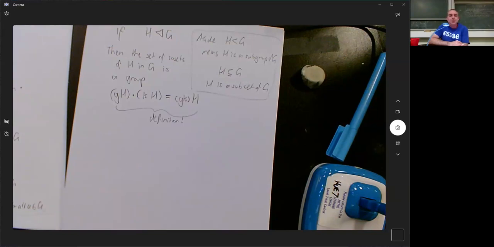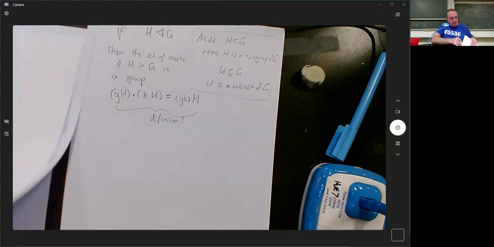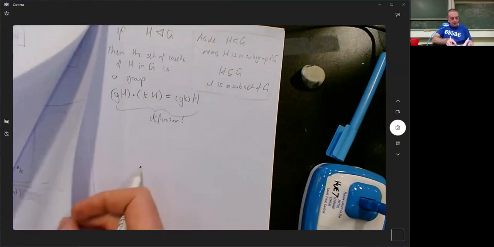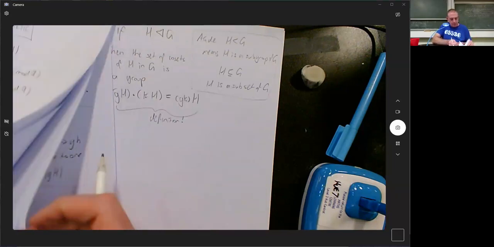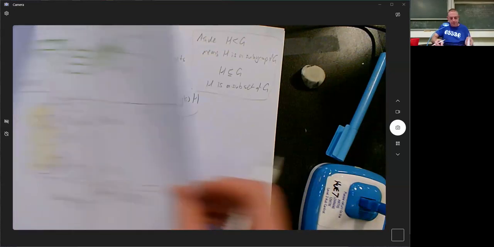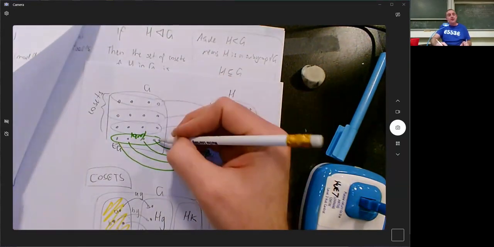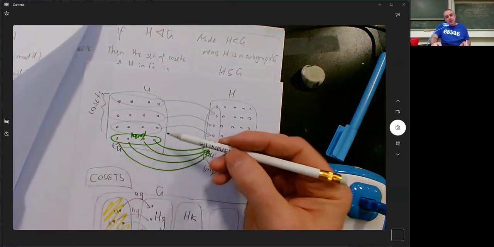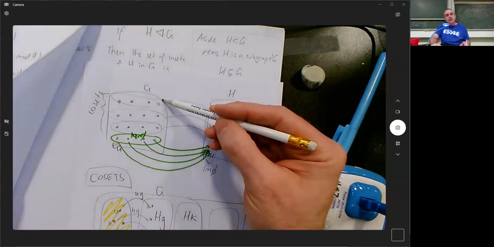Okay. Cool. And so what that means is that when I drew this picture back here, these are cosets, and if this really is a normal subgroup, then multiplying these two together might produce that one, for example.